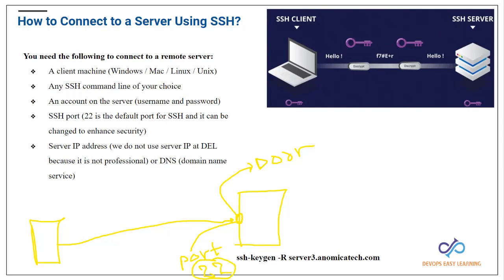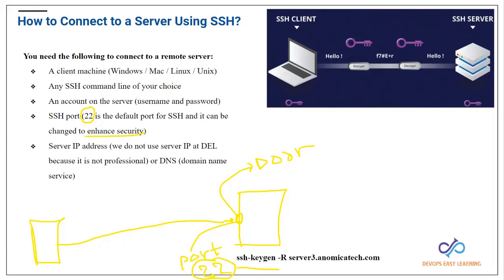Everybody already knows that the SSH protocol runs on port 22, right? And some companies, for security reasons, might change this port and put something else. If you are working somewhere and they want to enhance security, they can change this port, because the whole world knows that SSH runs on port 22.